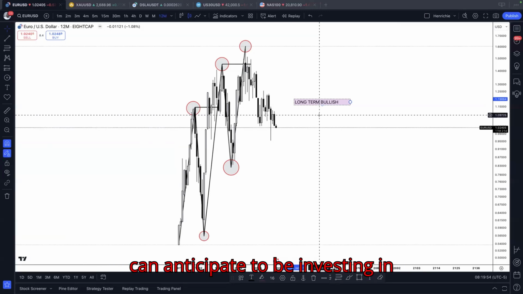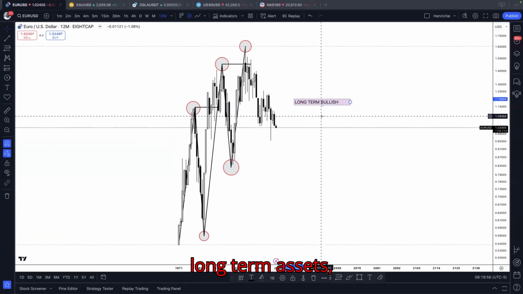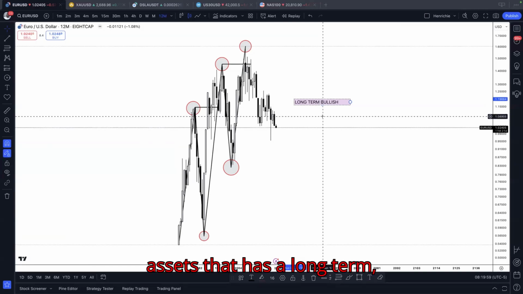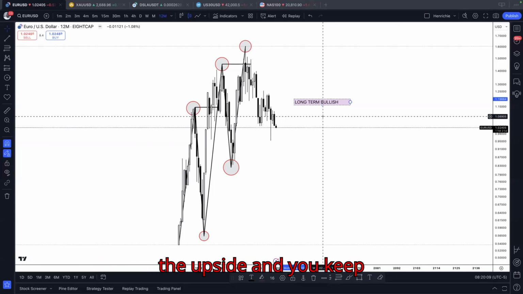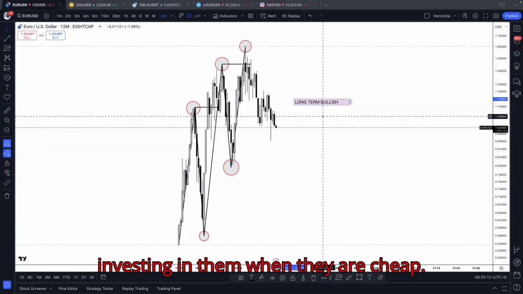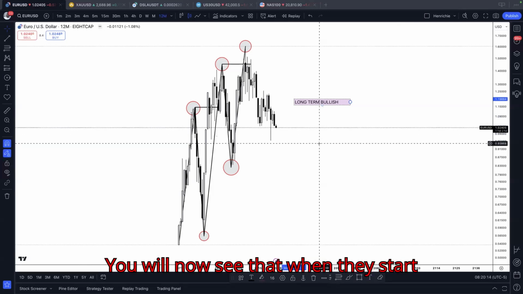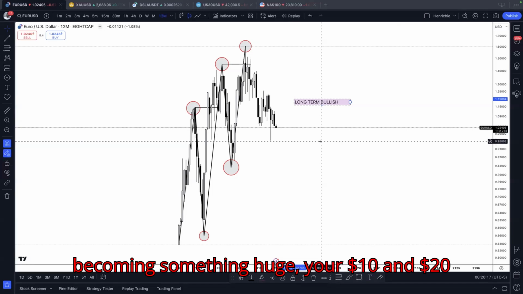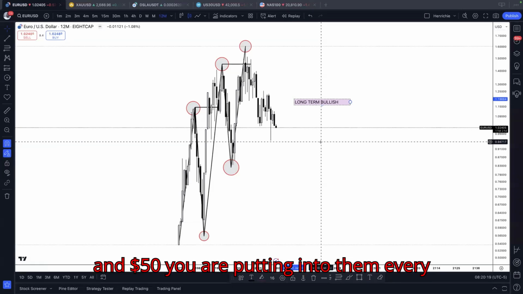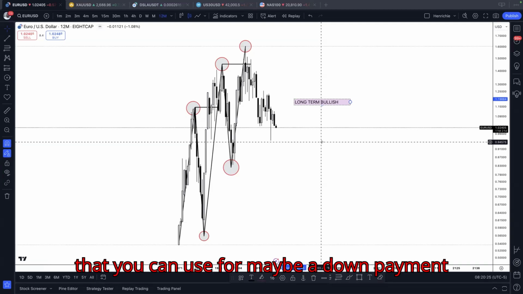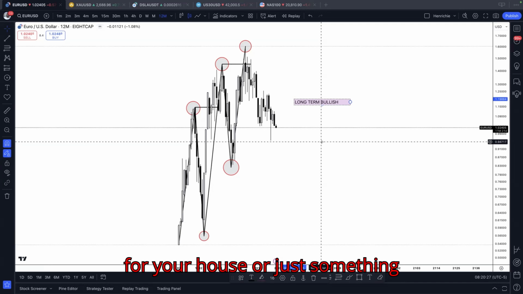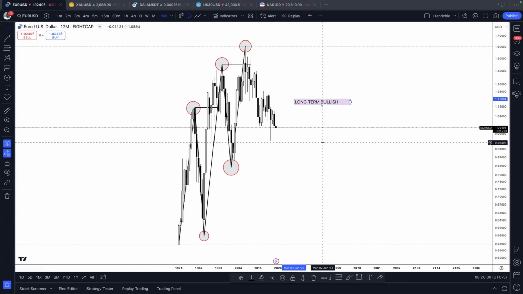if you can anticipate to be investing in long-term assets, assets that are undervalued and have a long-term perspective to rally to the upside, and you keep investing in them when they are cheap, you will see that when they start becoming something huge, the $10 and $20 and $50 you were putting into them every month will become significant money that you can use for maybe a down payment for a house or just something significant.